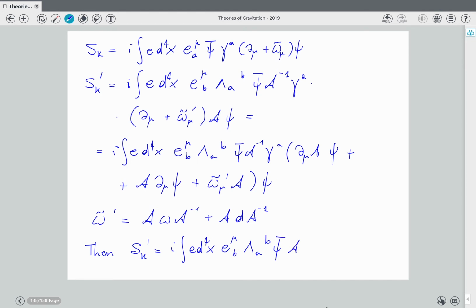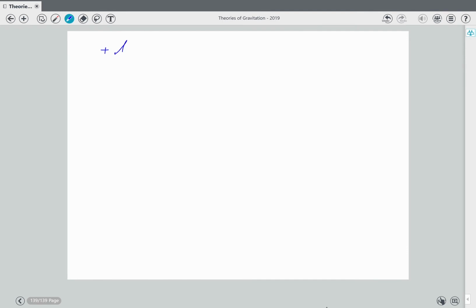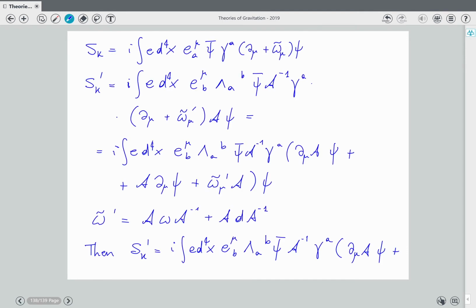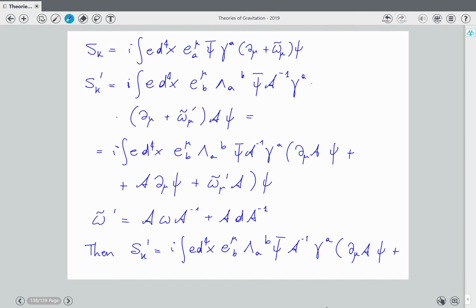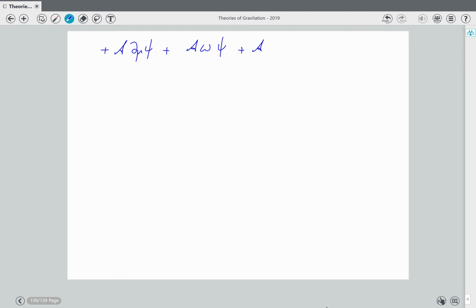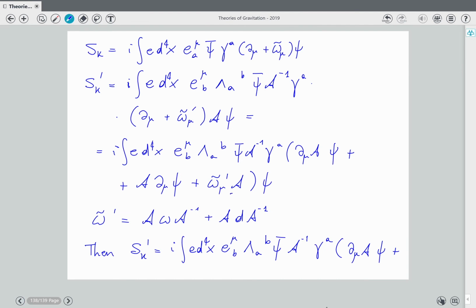Psi bar, curly A to the minus 1, gamma A, partial mu curly A psi, plus A partial mu psi, then we replace that omega tilde mu prime times A. When we multiply by A to the right, here we have curly A omega, and then whatever remains plus curly A partial mu, omega mu, here we have the index, curly A to the minus 1, and then we have A and psi.